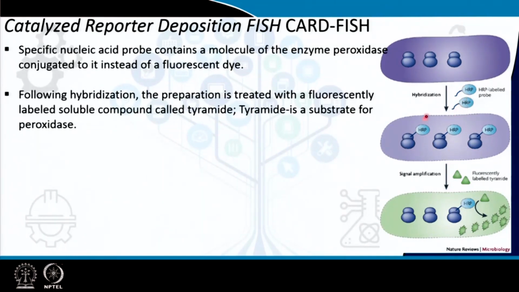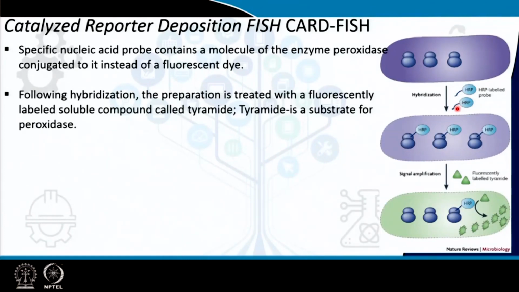It will try to find complementarity by scanning all the mRNAs present there, and even if it is low in concentration, this complementary probe will be able to bind, based on the hybridization condition which is set. Once it is bound, you allow the tyramide to be added there.